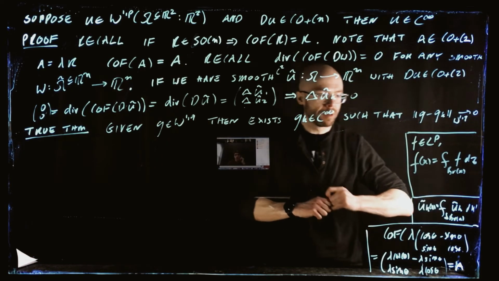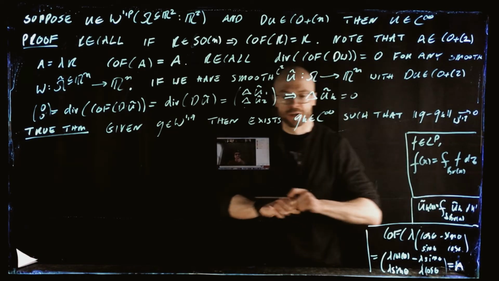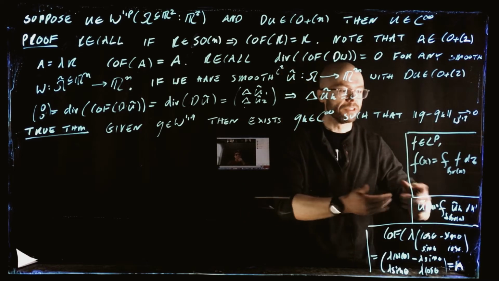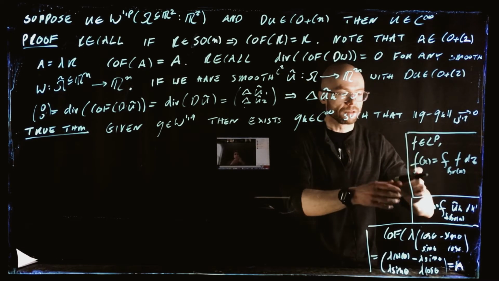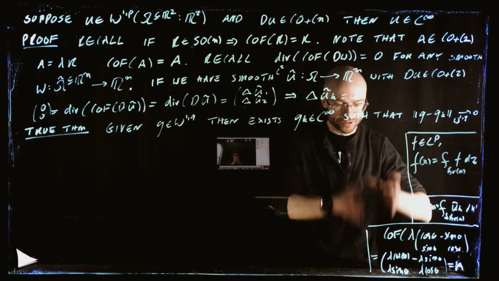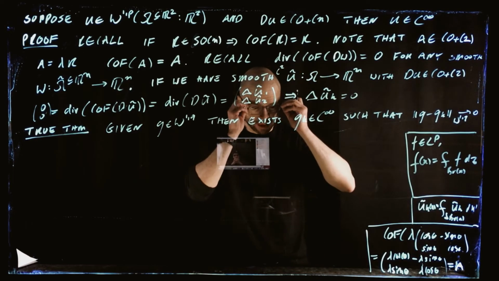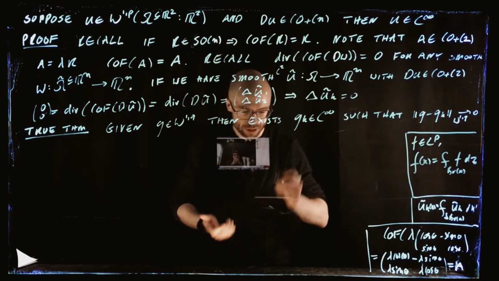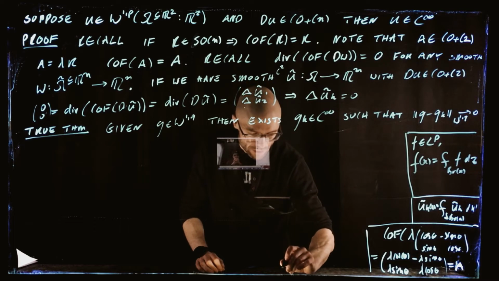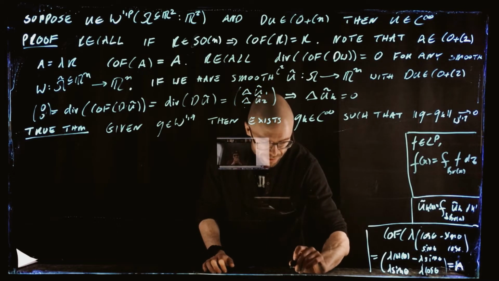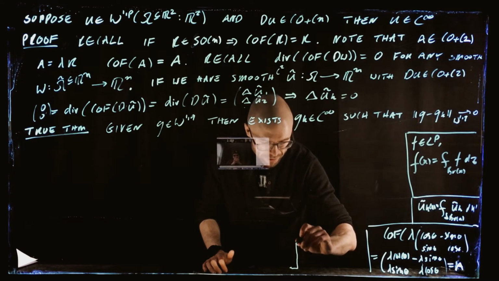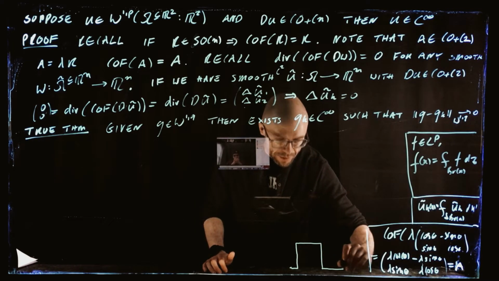You can do something a little bit more sophisticated than this, which is to take something which is not averaging over strictly a ball, but averaging over a smoothed out ball. So the characteristic function of a ball is something which would be like this, right? If we did it on the line, it would be something like this.